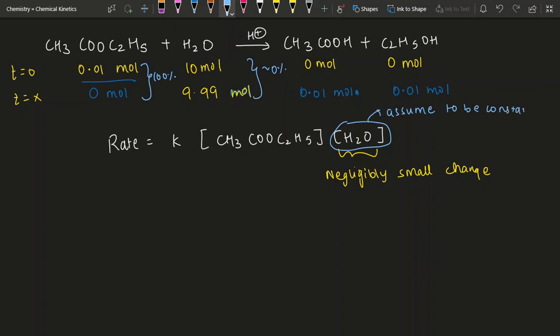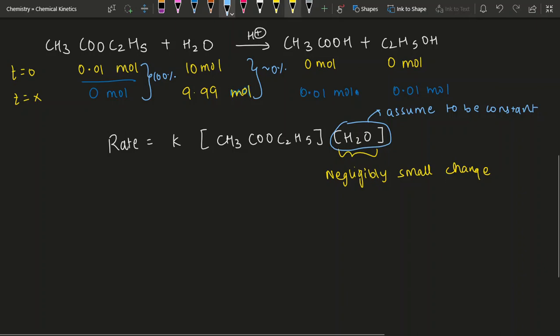And it's not only true for this reaction. In any reaction where you have an excess of solvent and in which you perform a certain reaction, the solvent still remains in appreciably equal concentration to what it initially began with.